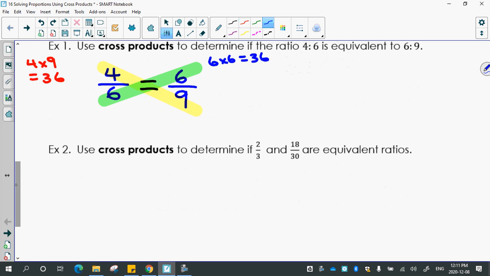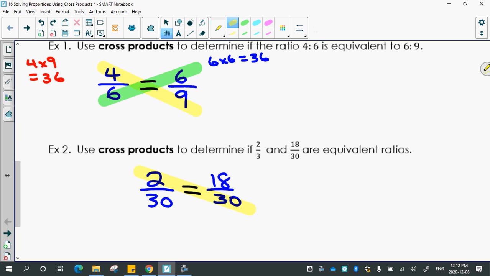So try the same thing here. We're going to check if 2 to 3 and 18 to 30 are equivalent. So we start off by assuming that they are. So we're going to put the equal sign in. And then we're going to do cross products. So we're going to do 2 times 30. And you can do it right on your calculator.